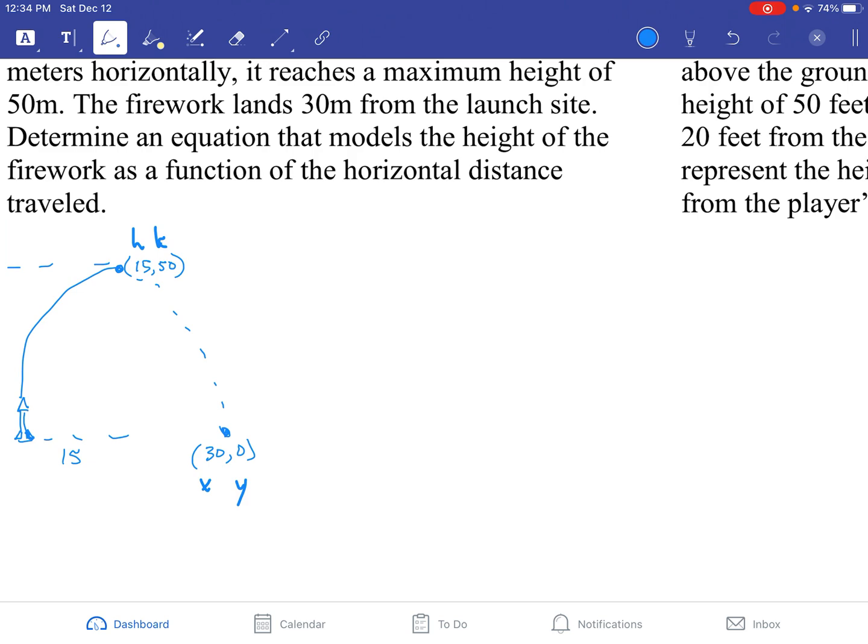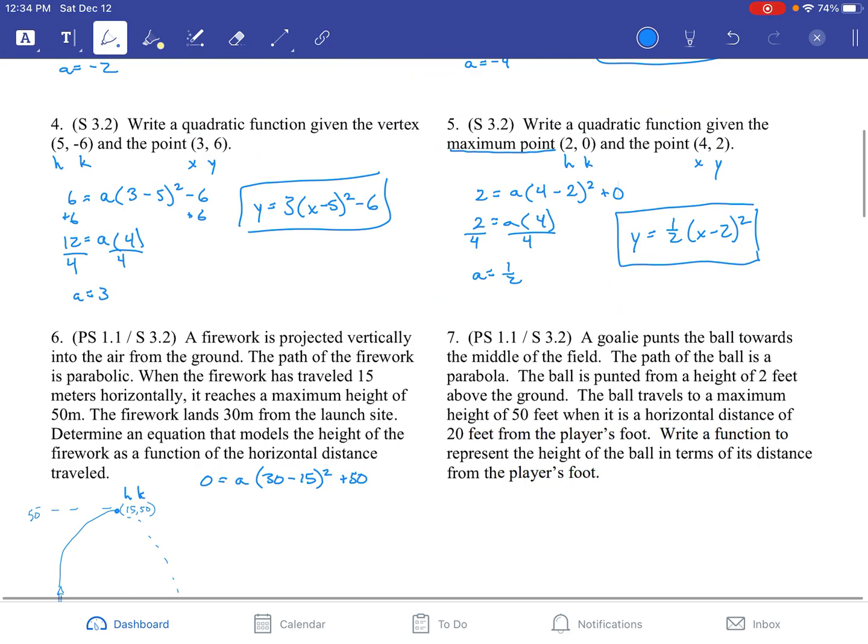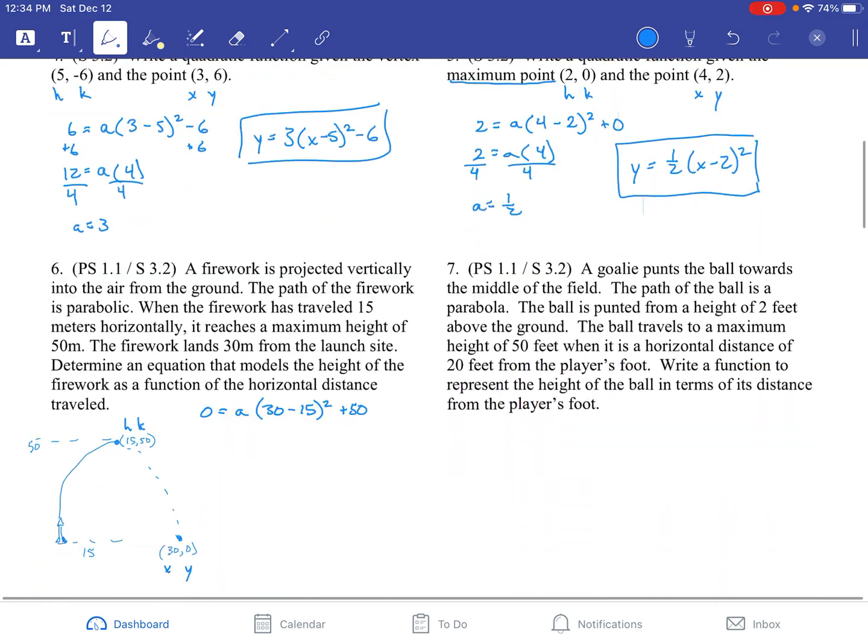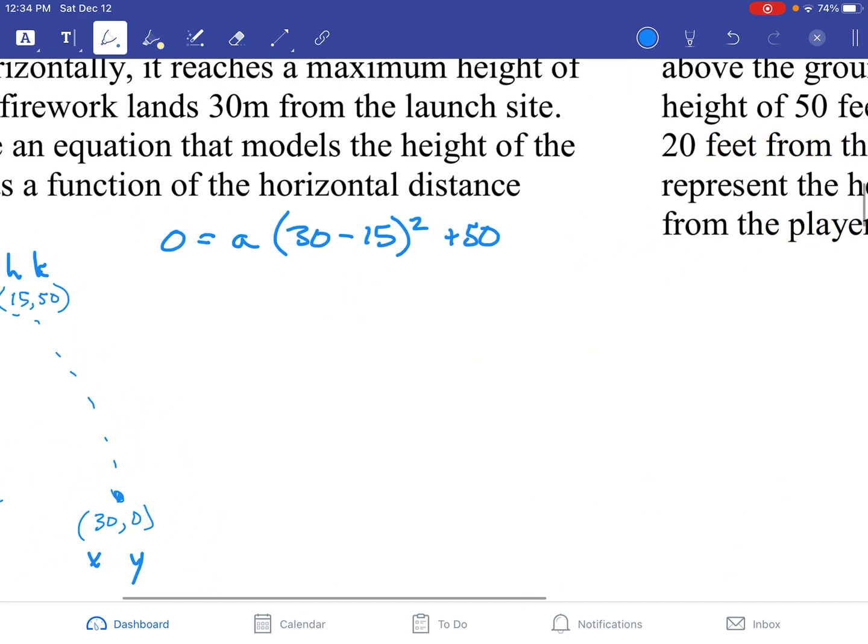All right, so anyway, we have y is 0. We have a, we don't know. We have x, which is 30, minus 15, quantity squared, plus 50. So these are the same type of problems we just did in questions 2 through 5, where you're given information and you've got to find the equation. So we're going to subtract 50 from both sides.